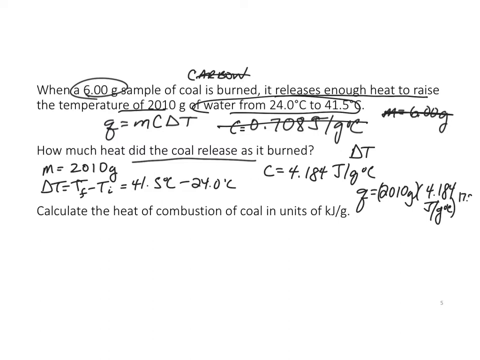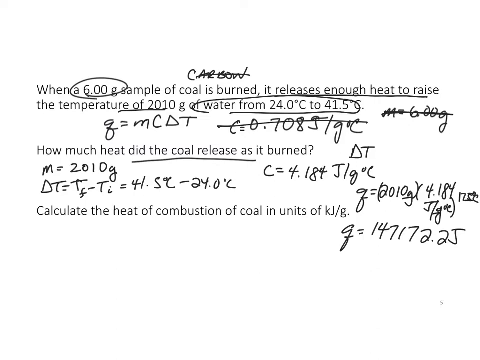So that's 17.5 degrees Celsius. So we have 210 times 4.184 times 17.5. And so Q equals 147,172.2. And as you can see, that's joules.